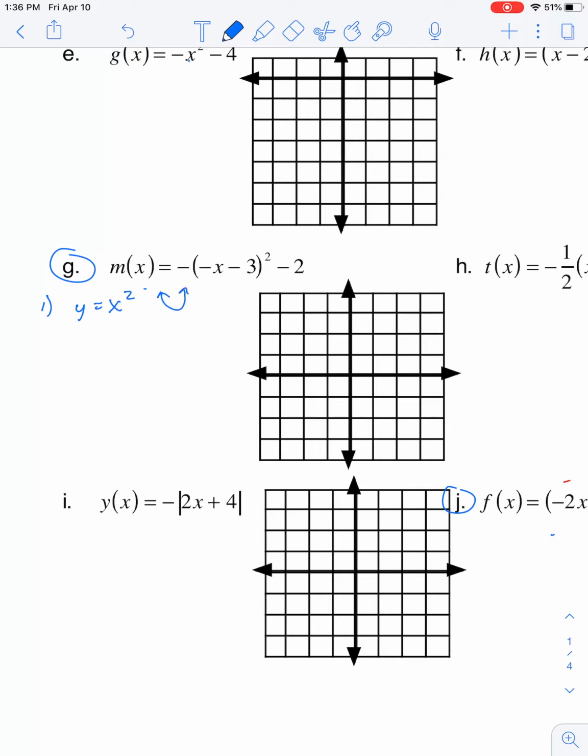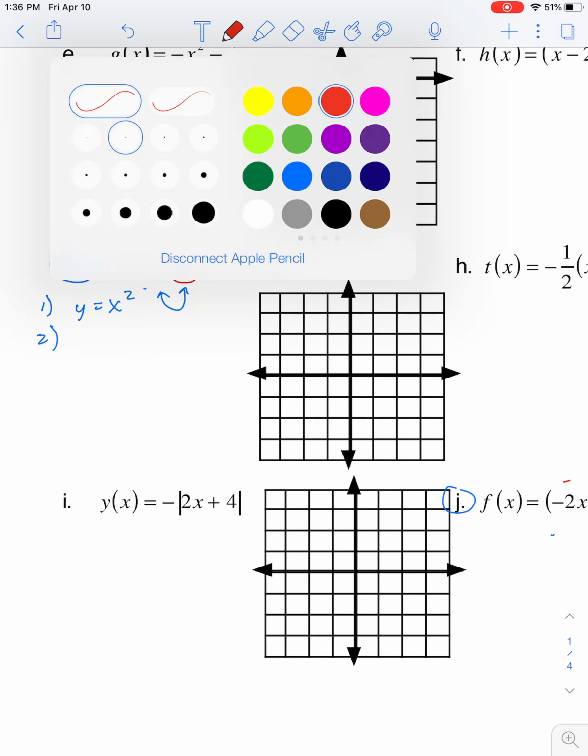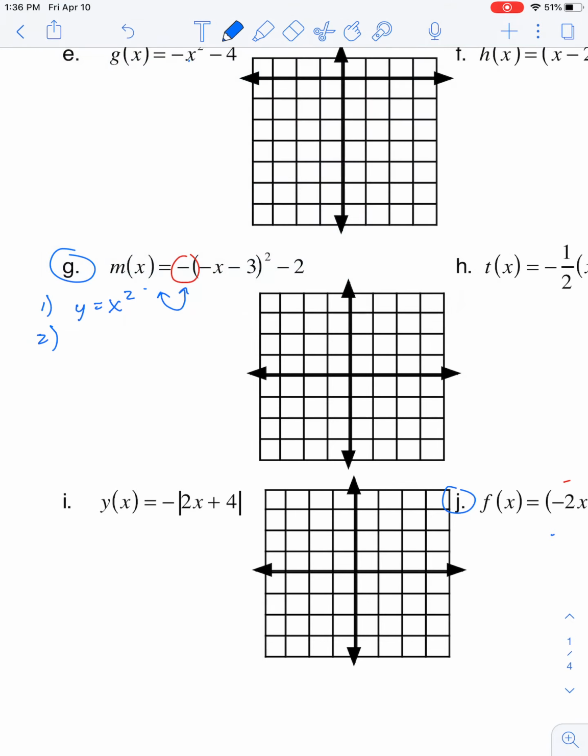The second step, at least the way we have it set up here, is there is that negative on the outside there. So that tells me there's going to be a reflection in the x-axis. So I just write it like that as a reminder. And my next step is giving the vertex.